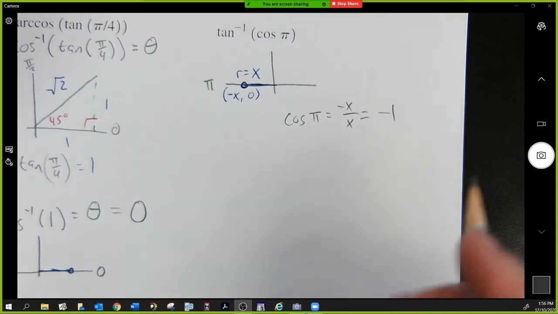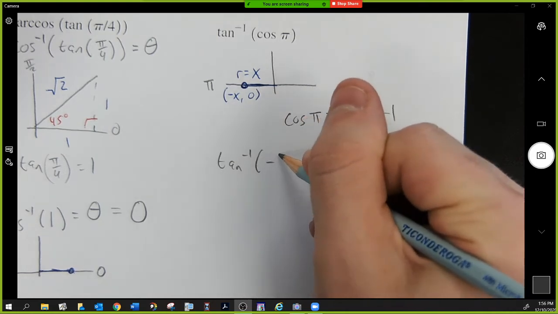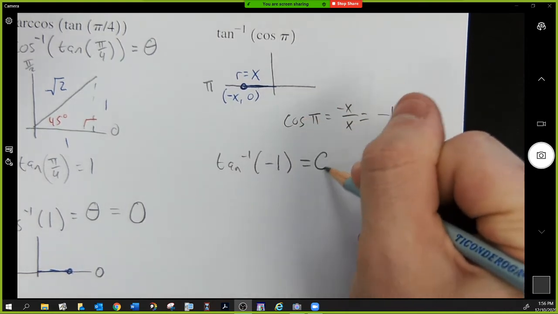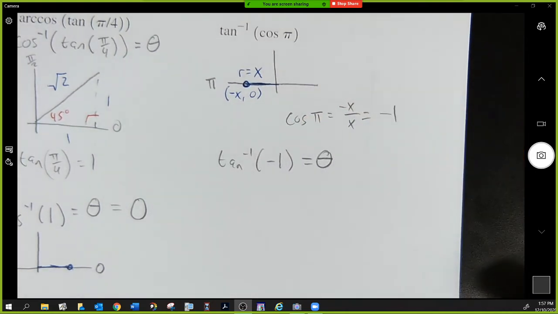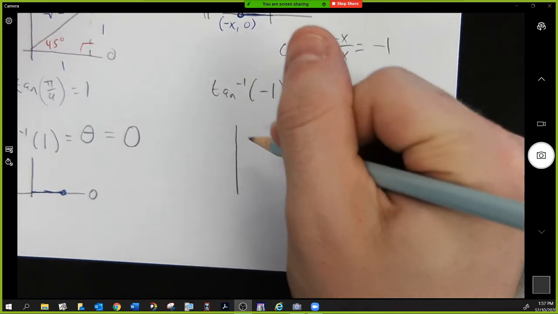So what the question's asking for is, what is tangent inverse of -1? And we know that our answer will be an angle, because it's trig inverse. So I'm trying to find the angle that produces the value of -1 when I take the tangent. Tangent inverse can only return values in quadrant 1 and quadrant 4. The fact that it's negative forces me into quadrant 4.